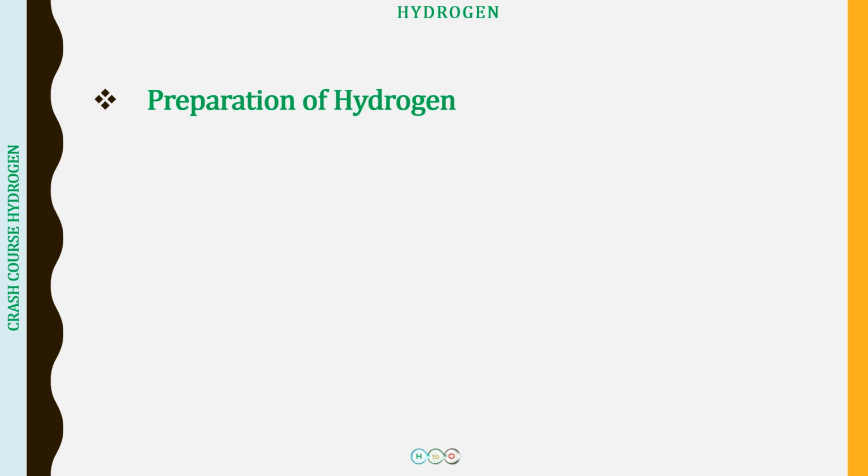So when we are preparing hydrogen, we can do it in the following ways. First is by the action of water on metals. When water reacts with metals, it produces the corresponding metal hydroxide or oxide, and hydrogen is evolved.